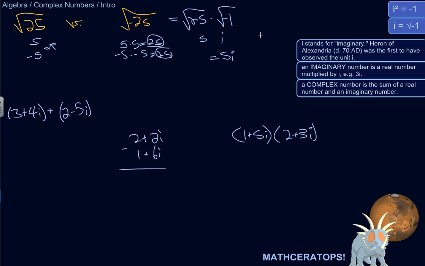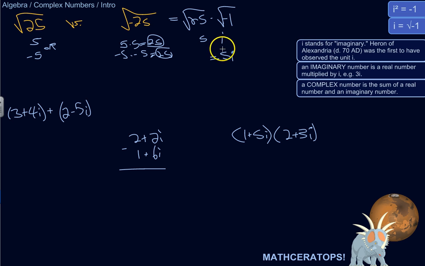and it was called that basically out of ridicule, because it was considered that this whole concept was sort of delusional. The concept has been around for a while. Heron of Alexandria, who lived about 2,000 years ago, is considered the first to have observed this unit, this quantity called i. Now, it wasn't called i then, but this idea of a square root of negative 1.